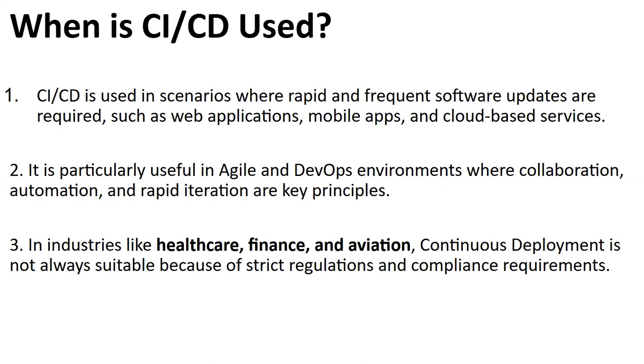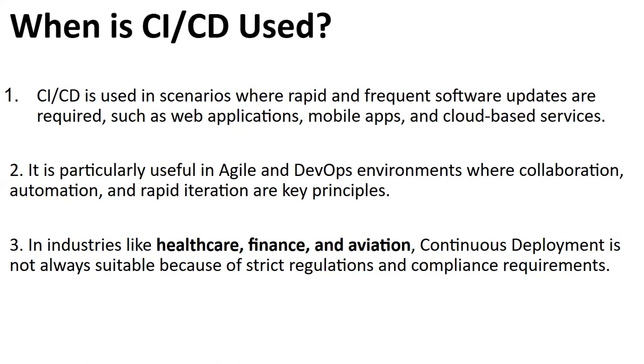It works especially well in Agile and DevOps teams that focus on collaboration and also automation. It works fast and gives faster feedback. So for example, if we push our code and we find a fault, it's faster for us to fix that error before it goes live.